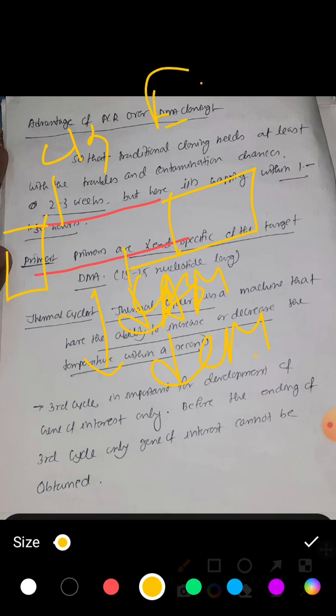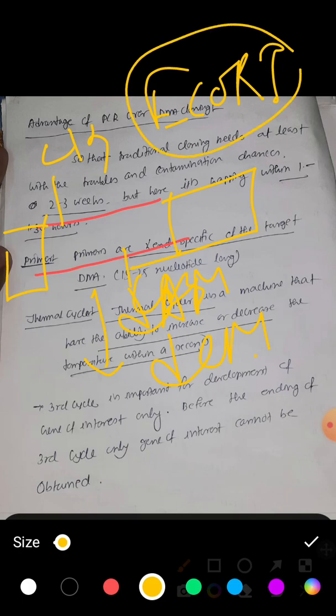Suppose you have used a linker with the EcoRI recognition site and you have also methylated the gene, so EcoRI cannot cut your gene of interest even if there is any recognition site present, but it will cut your linker. By that method you can easily insert it into a vector, transform it into a suitable host and amplify it.